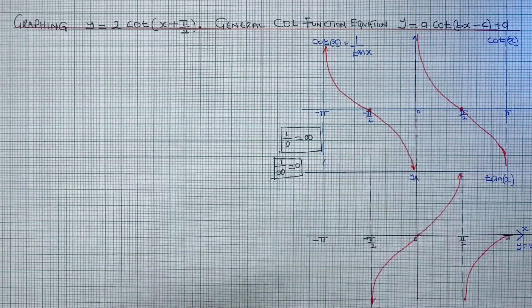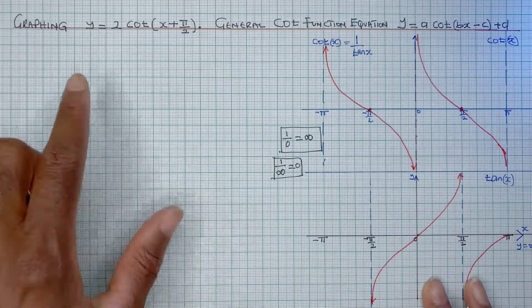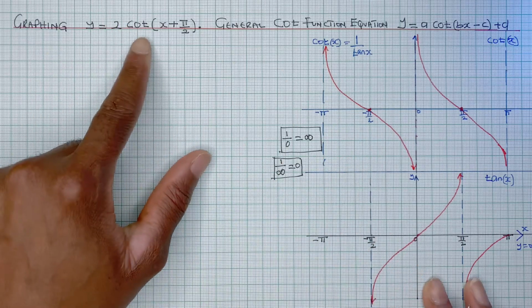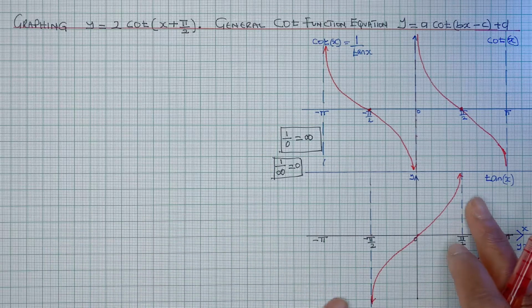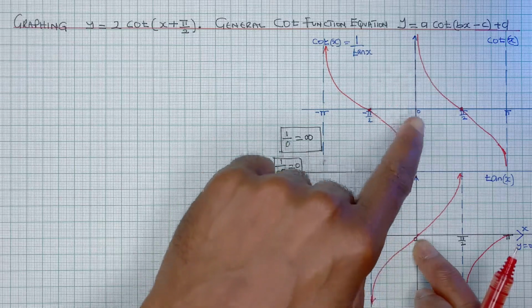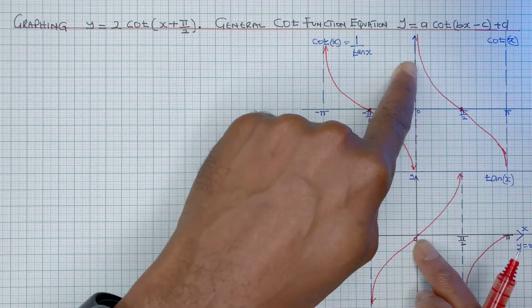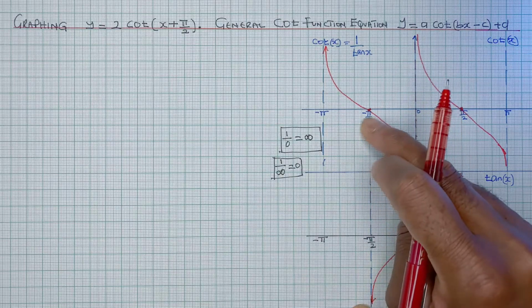So that's the parent cotan and that's the parent tan, and that can help us sketch that function. Just remember, where tan crosses 0 will be the line of asymptote for cotan, and where tan goes to infinity will be where cotan crosses.